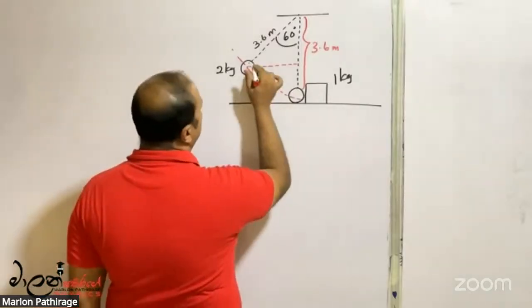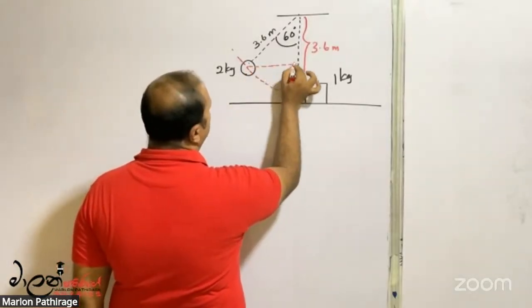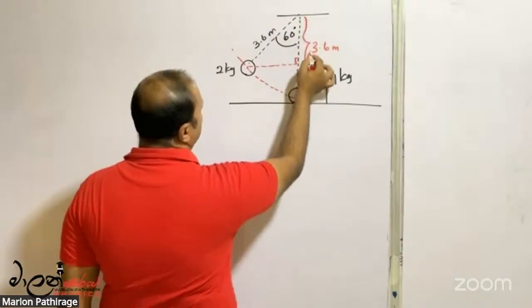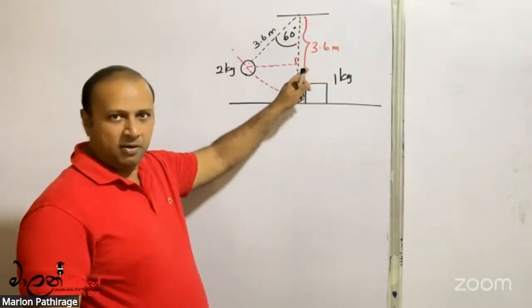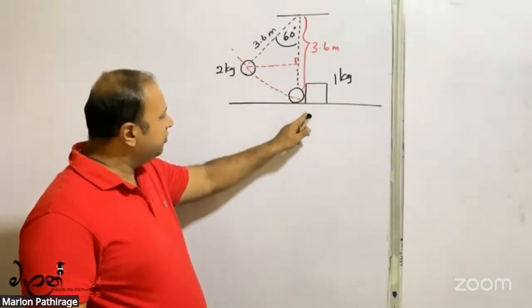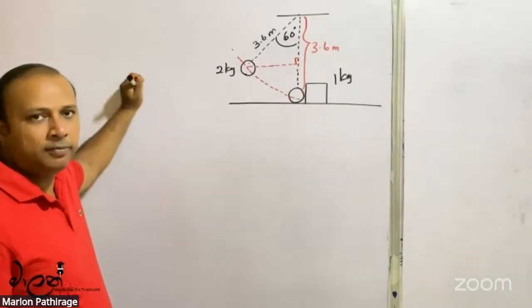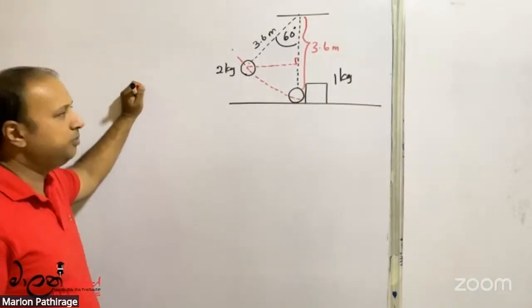If you draw a perpendicular, this one is 3.6 cos theta, that means 1.8. Therefore, that height should also equal 1.8 meters.